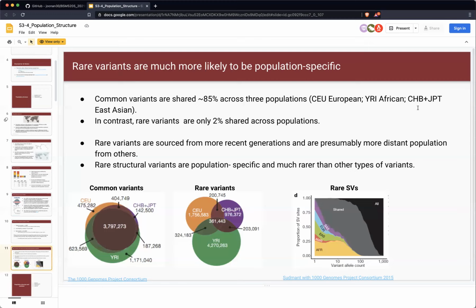The reason is that the rare variants appeared in a near generation. So if you think about the coalescent lineage, if you look at the common variants, then that variant was probably inherited from a very old generation, right? So probably before the time of the divergence. So when two populations diverge into different populations, they have to sit in the founder population.